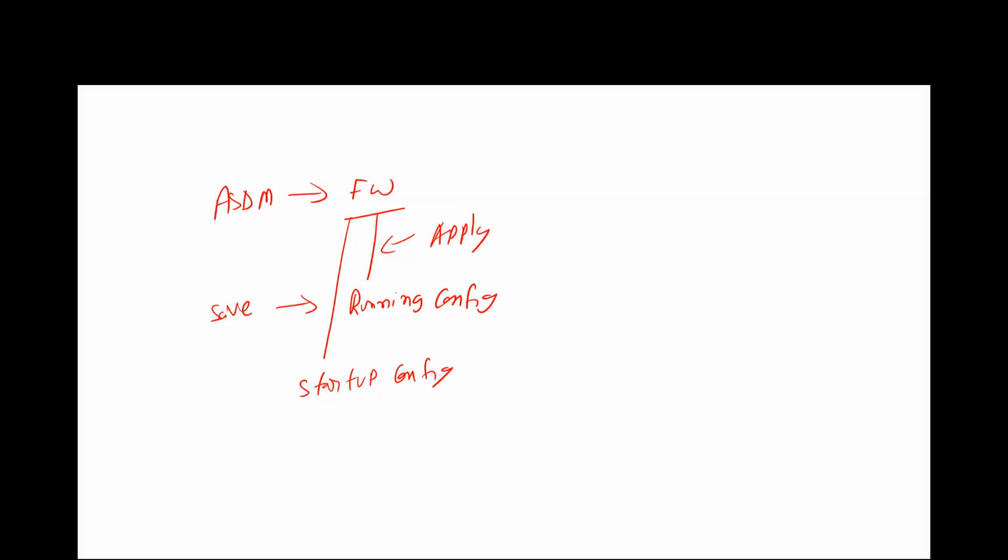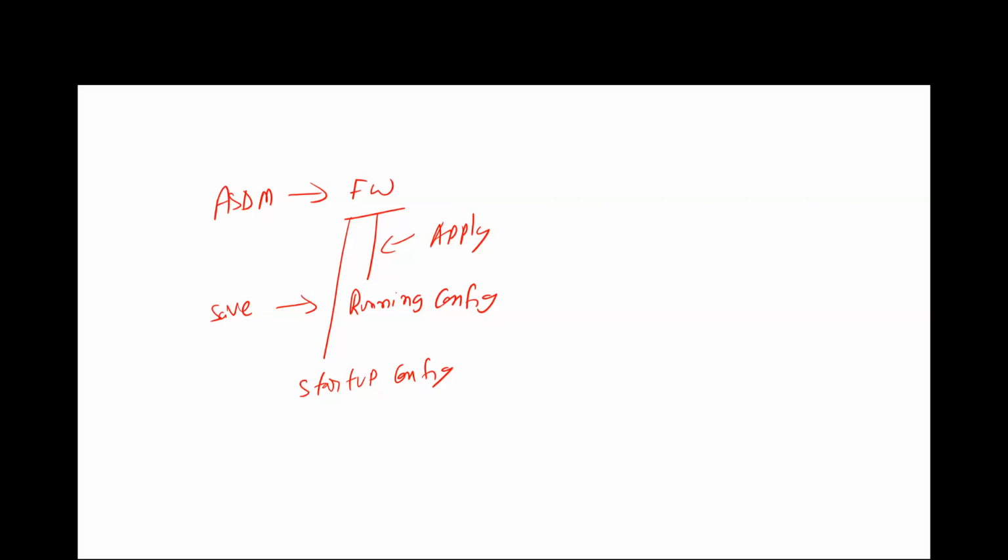So running configuration is available as long as your device is up and running. Startup configuration is the one which will be used when your firewall boots up, right? So when you shut down or reboot the firewall, whatever is available in the startup configuration will be considered.